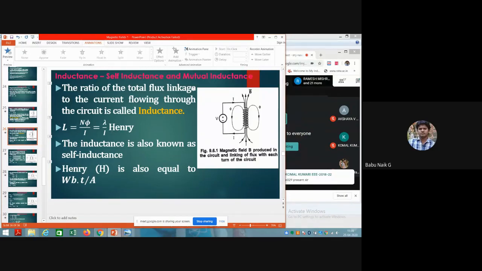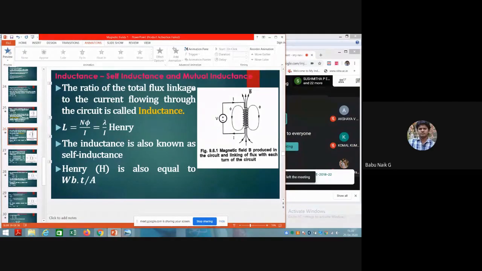The unit of inductance is the Henry, which is equal to Weber-turns per ampere.